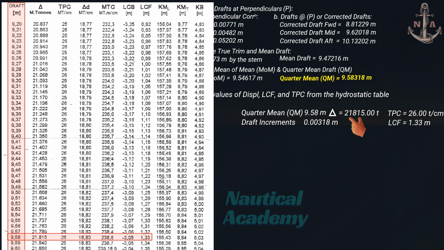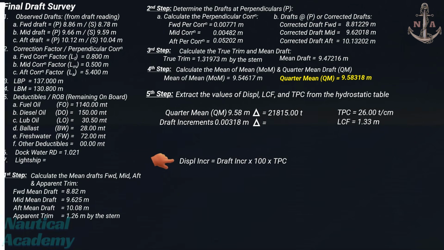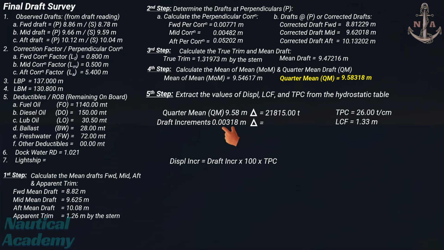Since this displacement corresponds only to the draft of 9.58 meters, we need to determine the remaining displacement value for the corresponding draft increments. The displacement increment is obtained by multiplying the draft increment by 100 times TPC, where 100 is used to convert meters to centimeters, since TPC is in tons per centimeter.